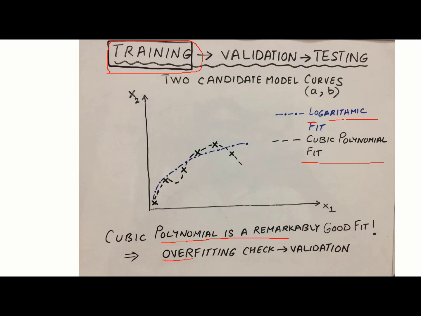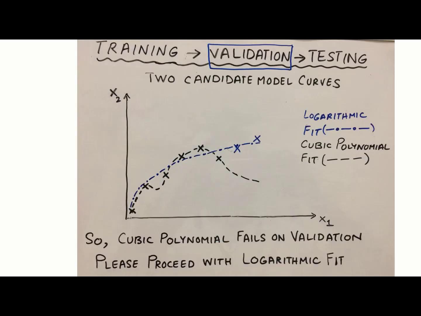But hey, we need to wait here because it may be the case, as we saw before, that a very good fit may not be good at predicting. So it's a check for the overfitting, and we're going to do that by applying validation. In validation, we are now going to compare which of the 2 curves performs well on the next 2 points.